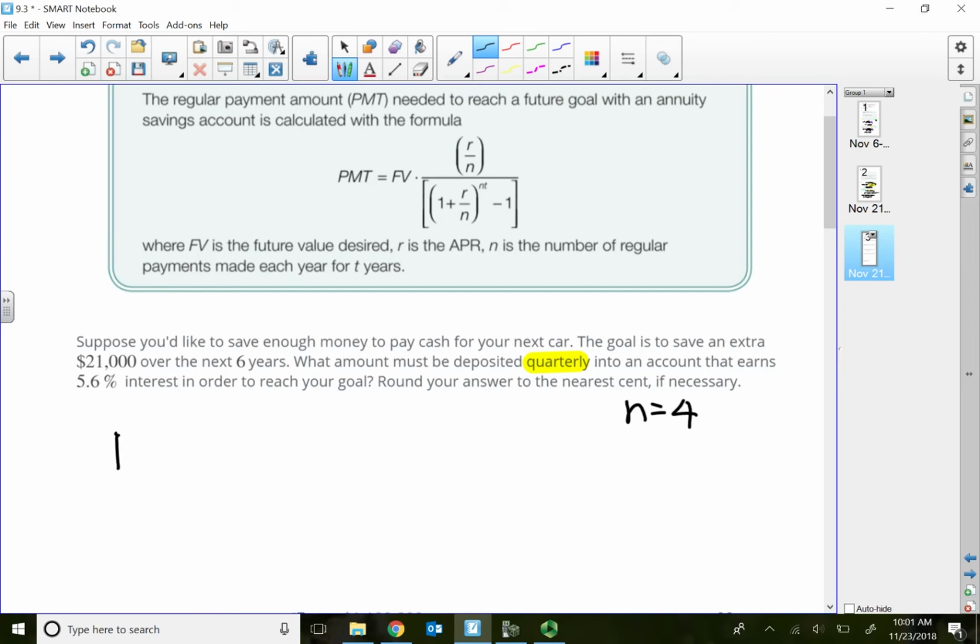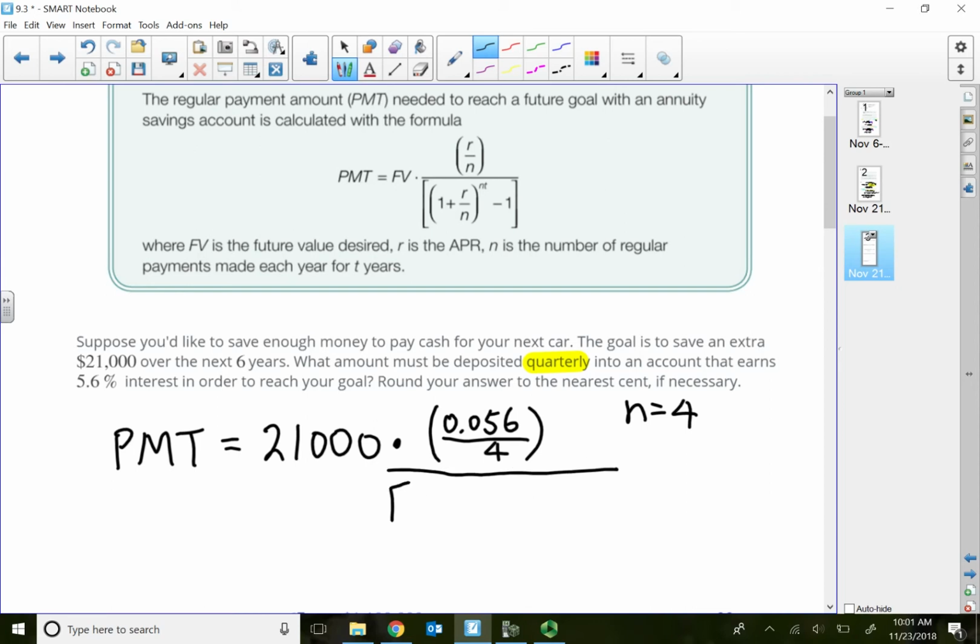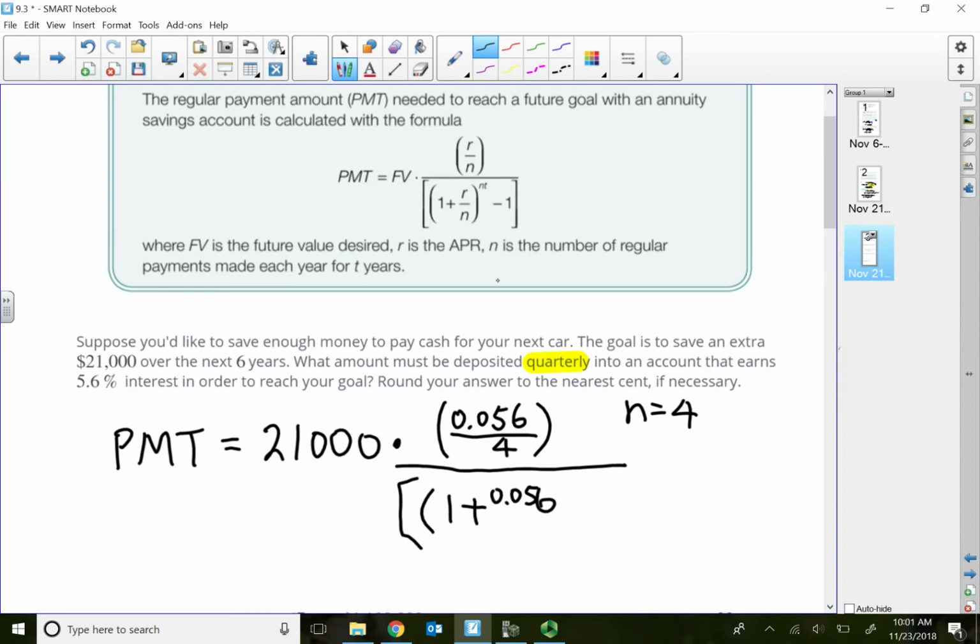So my payment is equal to the future value I'm desiring, 21,000, times R over N. That will be 0.056 divided by 4. I'm making quarterly payments. The whole thing divided by, bracket, parenthesis, 1 plus 0.056, R over N again, close parenthesis, raised to the N times T power.